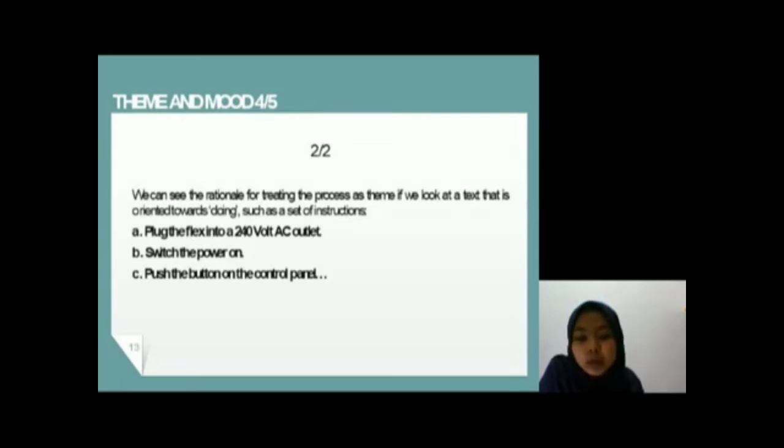The next, switch the power on. And last, push the button on the control panel. Here, the focus is on the doing, not on who is doing it. So we could argue that the process is thematic.